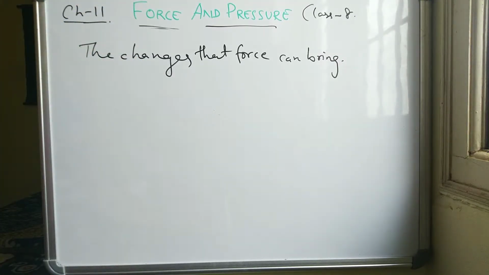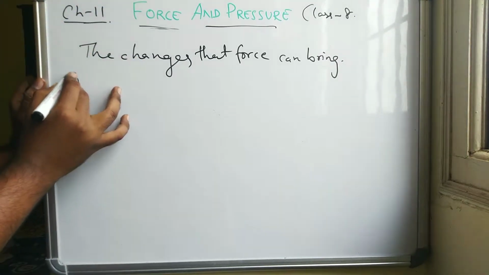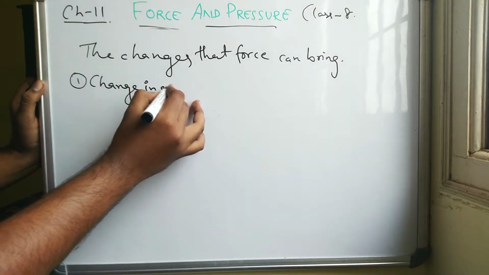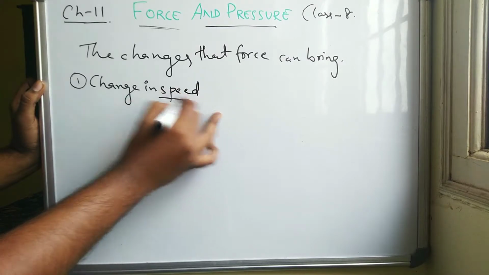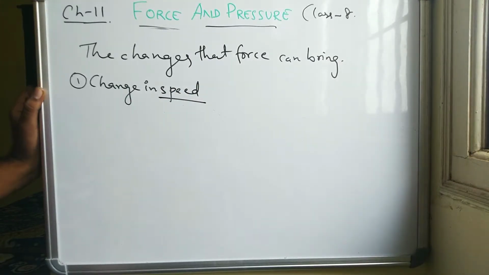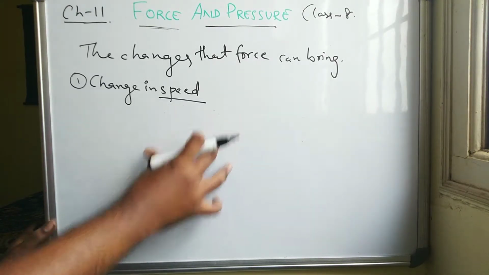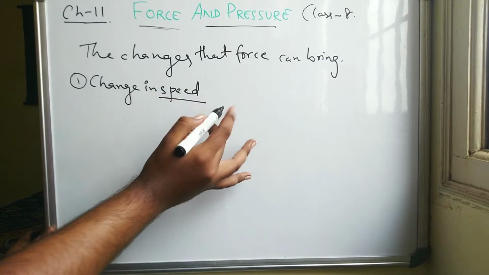Suppose we take the first one, that is change in speed. What do you understand by the words change in speed? Suppose we take an example, like pushing a car, or one more example, hitting a ball with a bat.